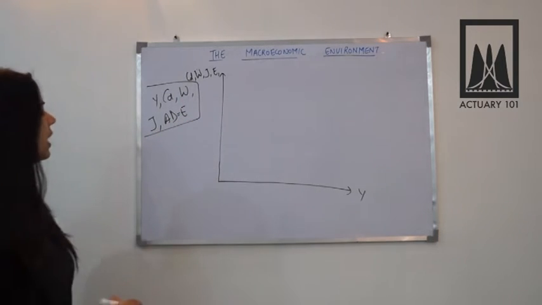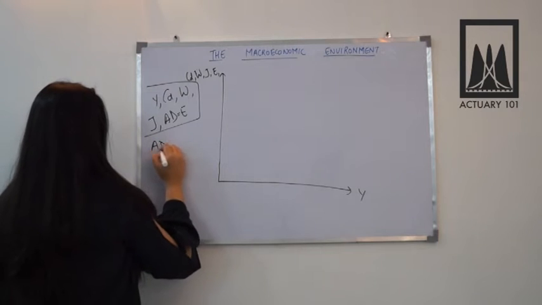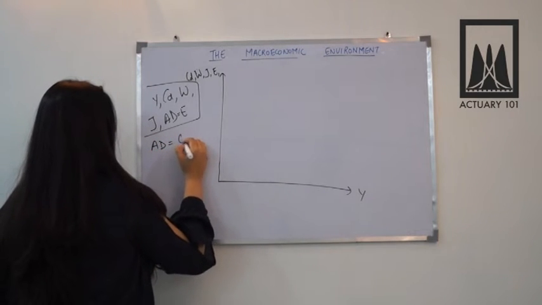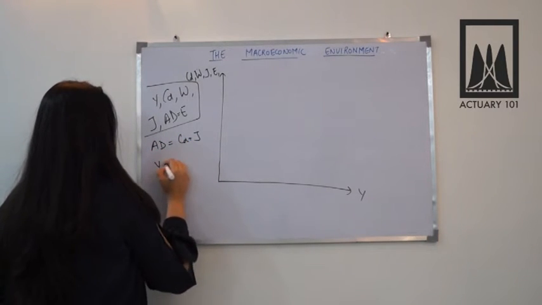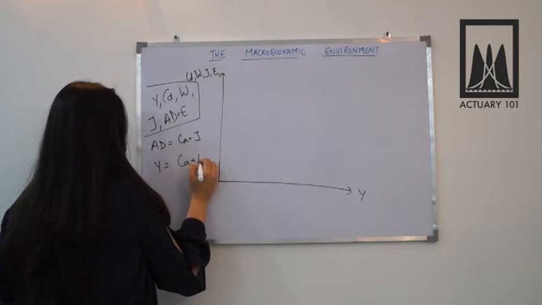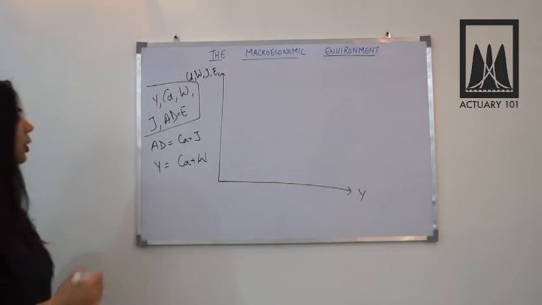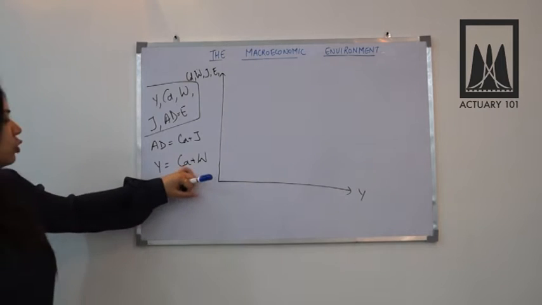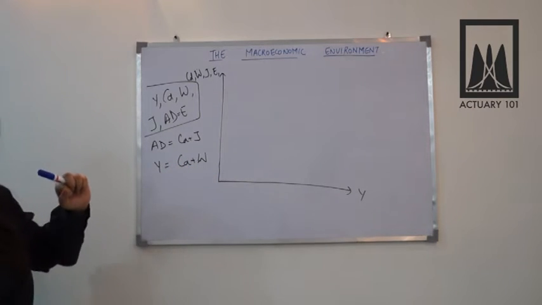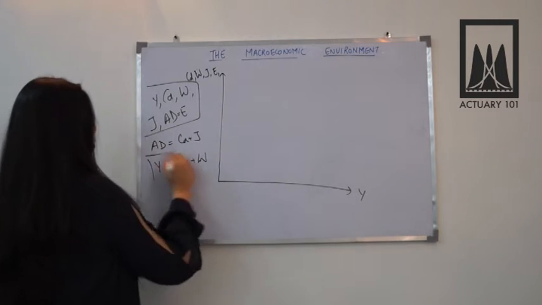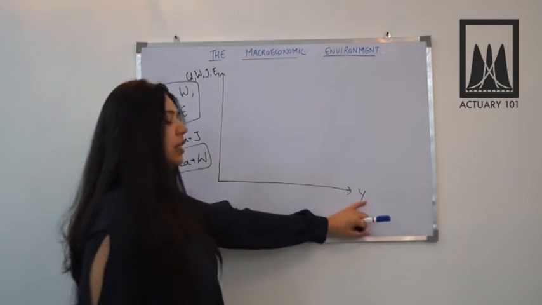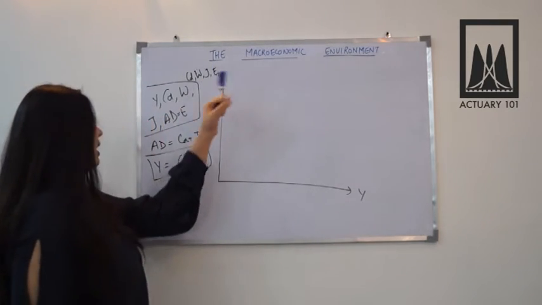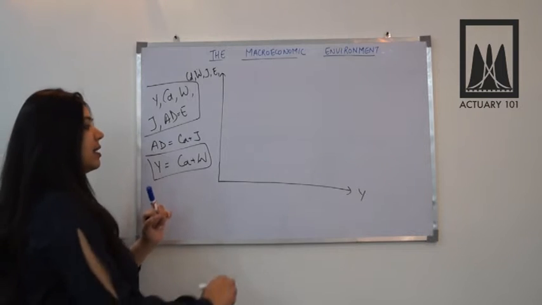I know that aggregate demand is equal to CD plus J, and Y is equal to CD plus W, which we've already seen. How? Because either the income will be spent on goods and services or it will be withdrawn. Let's look at this equation first. We have Y on the x-axis, and CD and W both are on the y-axis.